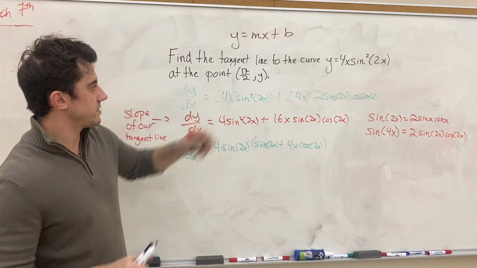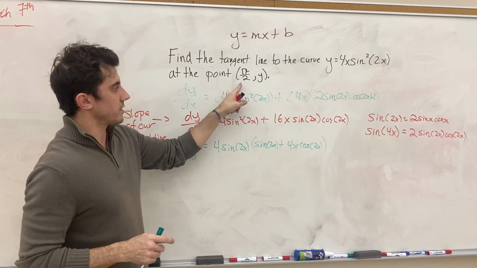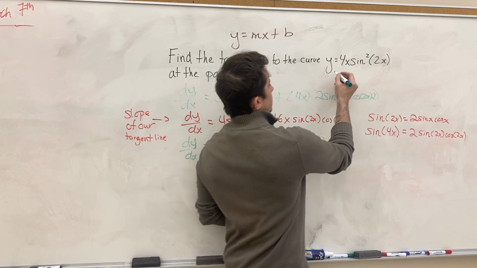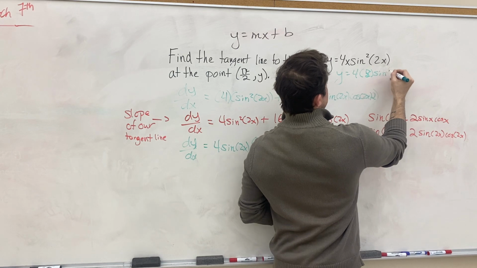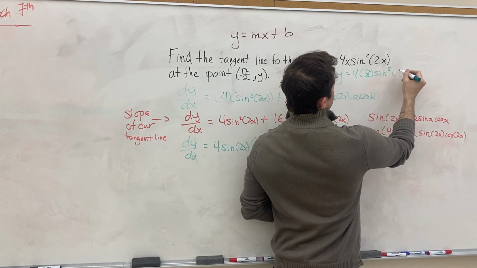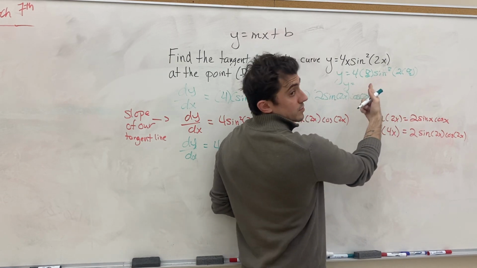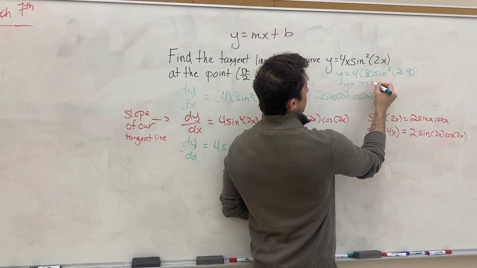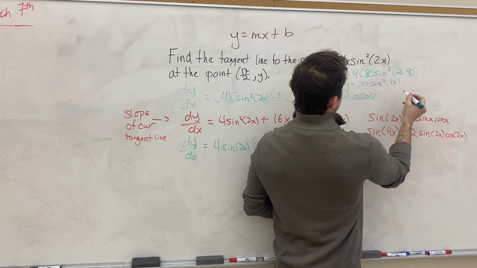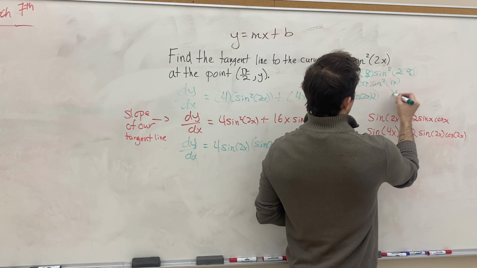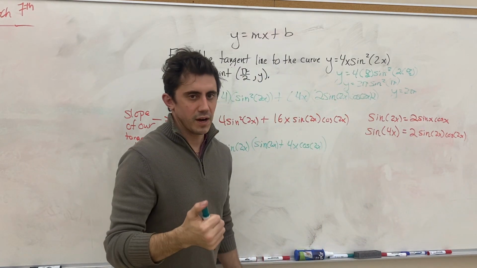So if we're looking at the point pi over 2 and y, we can get the y coordinate fairly quickly by just plugging in pi over 2 for x. Let's go ahead and do that. So y is equal to 4 times pi over 2 times the sine squared of 2 times pi over 2, right? So y is 4 times pi over 2, that is 2 pi, times the sine squared of 2 times pi over 2, which is just pi, which means that y is equal to 2 pi times the sine of pi.